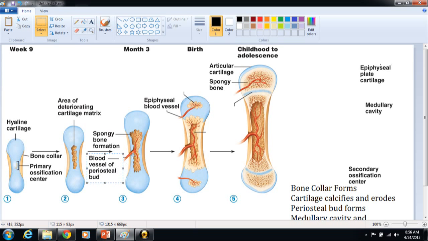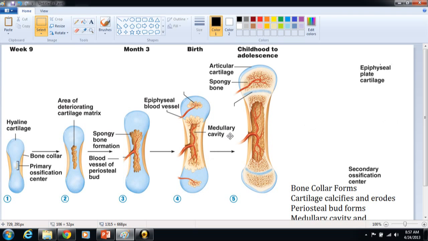The periosteal bud brings blood, so you then have a source of nutrients to feed the osteoblasts so they can start secreting bone matrix. Okay, so the periosteal bud is formed, and you start getting bone in the center of your forming bone.